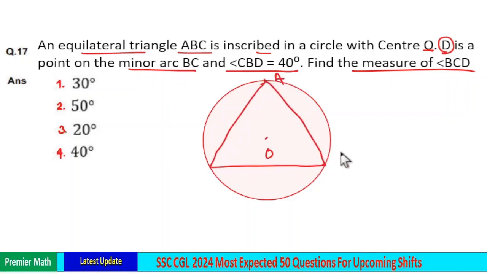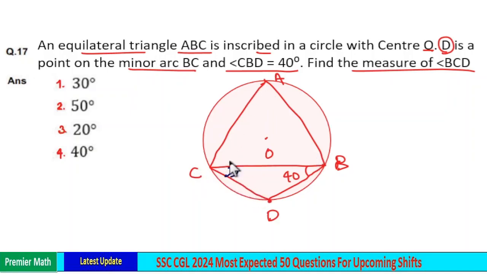Now, this is ABC, and equilateral triangle means all sides are equal and all angles are 60 degree. Now, D is a point on minor arc BC. This is minor arc BC and this is a point D, and angle CBD is 40 degree. So, we have to find the measure of angle BCD, that is this angle.